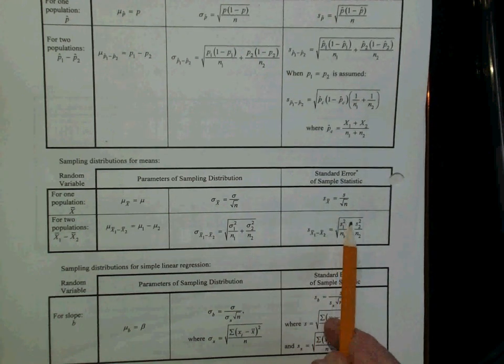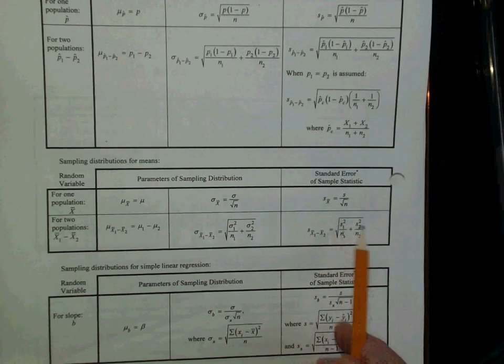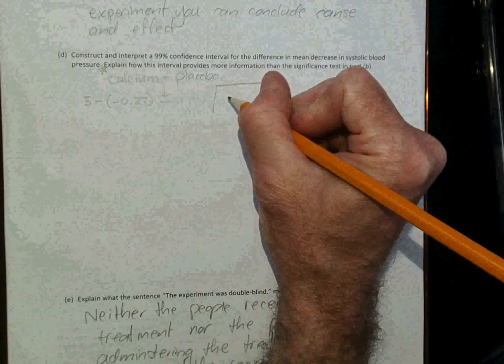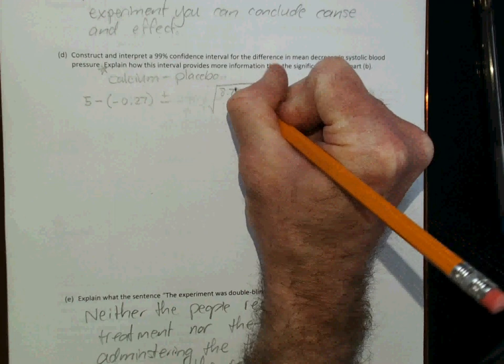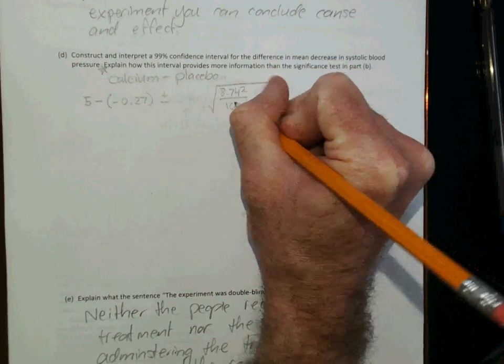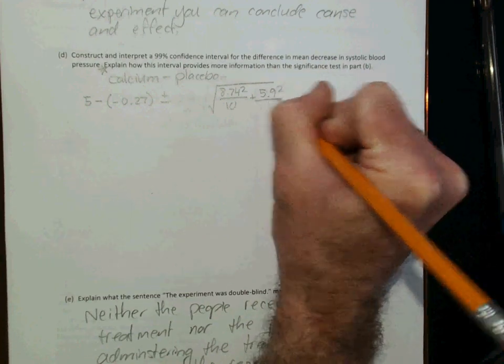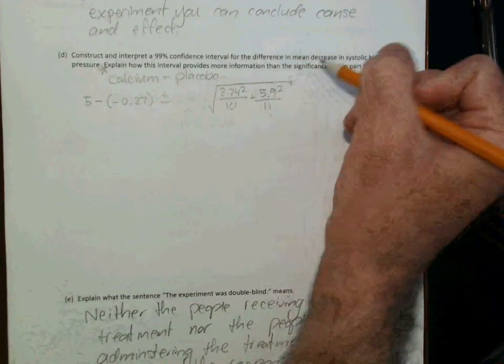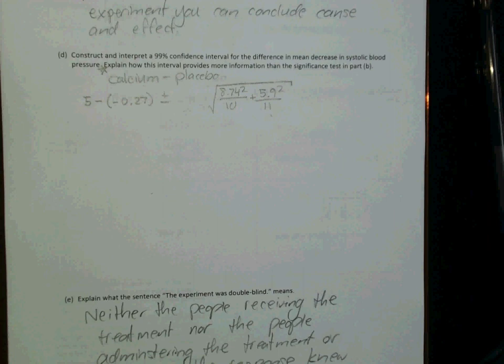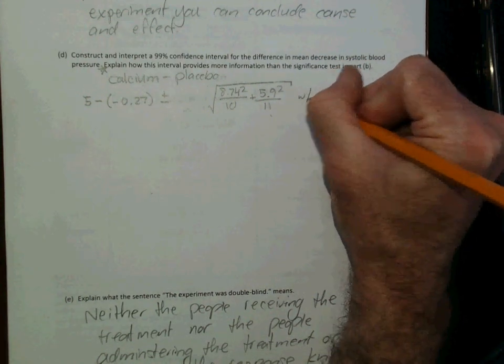So this is the difference, and this is where I'm getting that formula. So this is the square root of 8.74 squared over 10 plus 5.9 squared over 11. I have the summary statistics from part A. And I'm going to write with degrees of freedom.